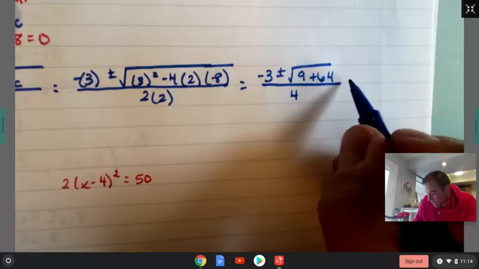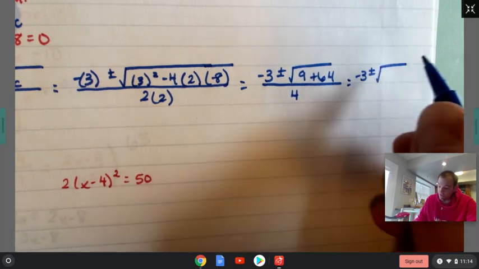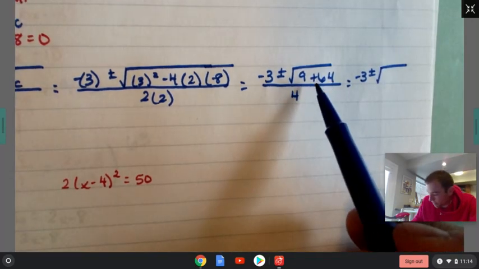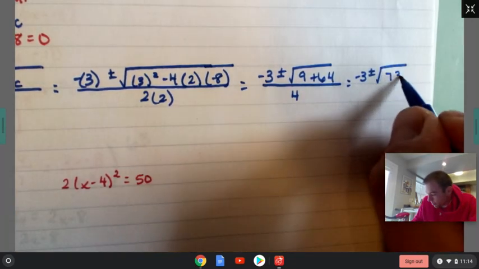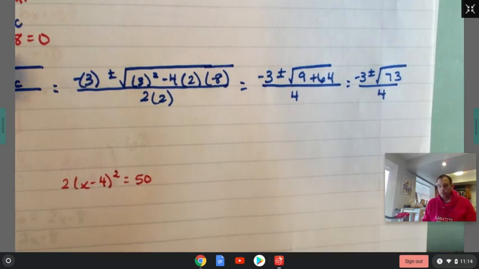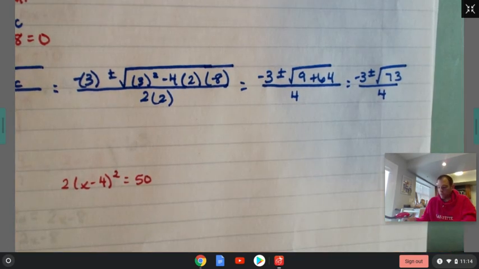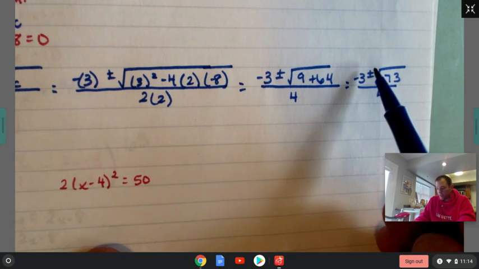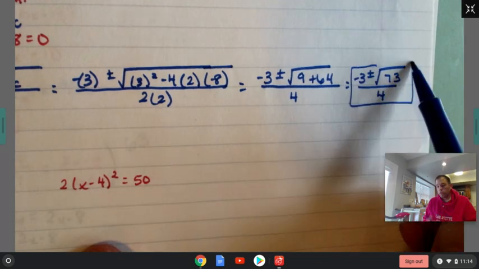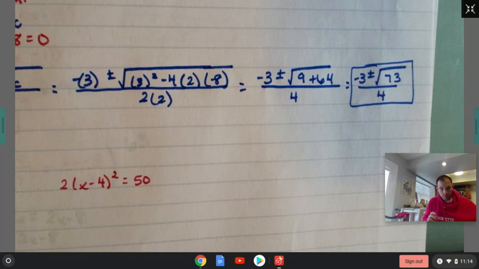Negative 3 plus or minus the square root of 64 plus 9 would be 73. All over 4. 73 is not going to break down any, so we're done. Right, we just plug the numbers in where they go. Okay. All right.